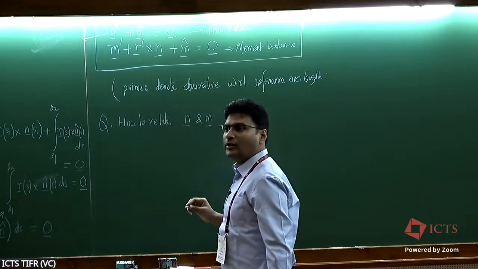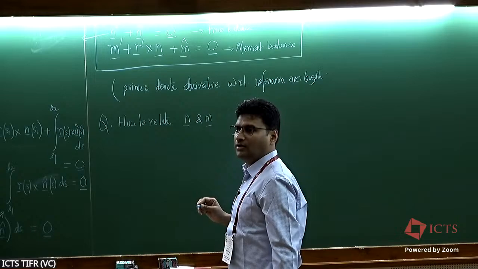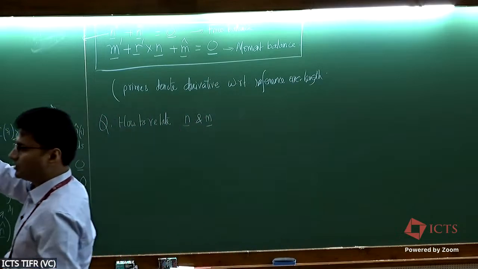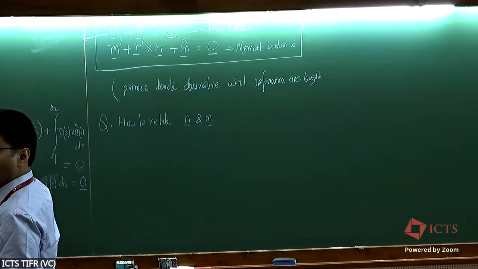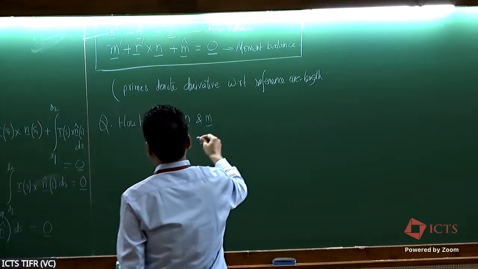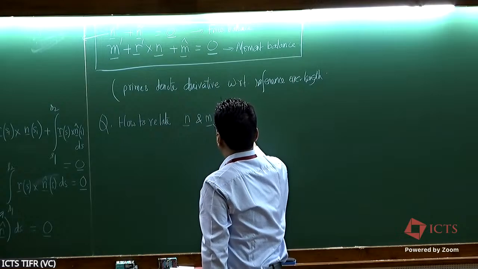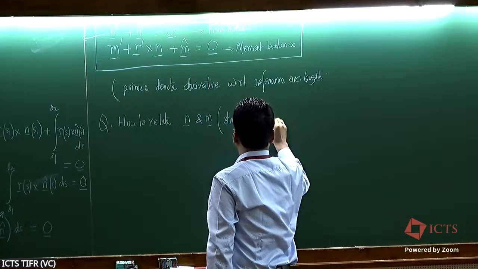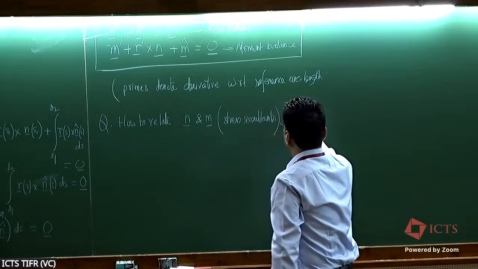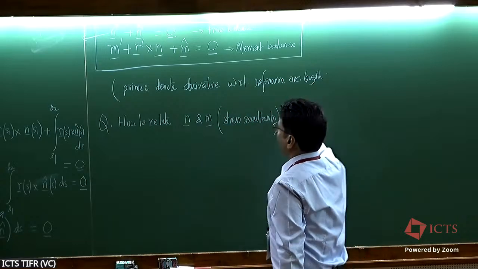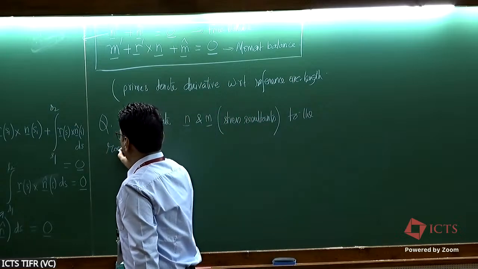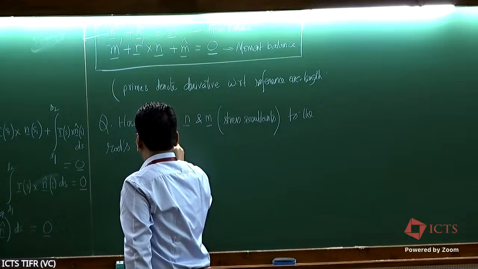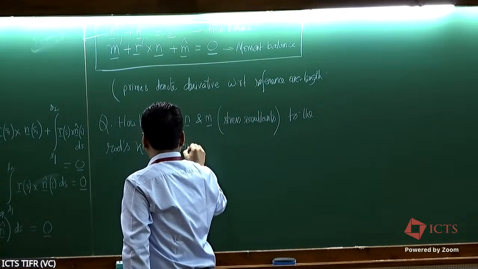These are also called stress resultants in beam theory, because this is actually coming through integration of stress over the cross section. So therefore, they're also called stress resultants, to the rod's kinematic variable.